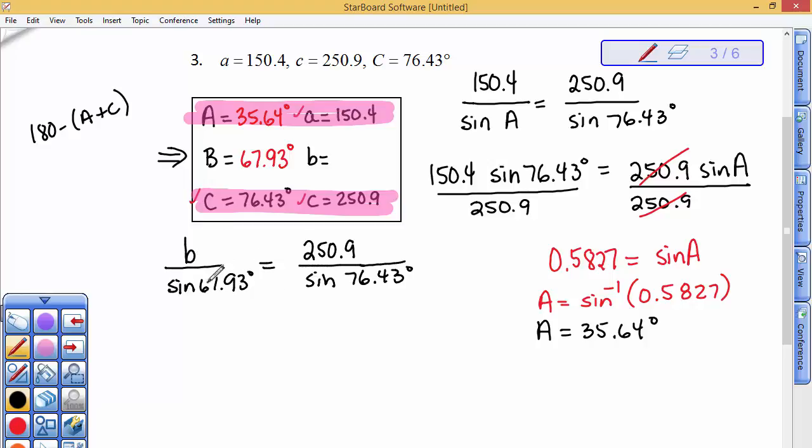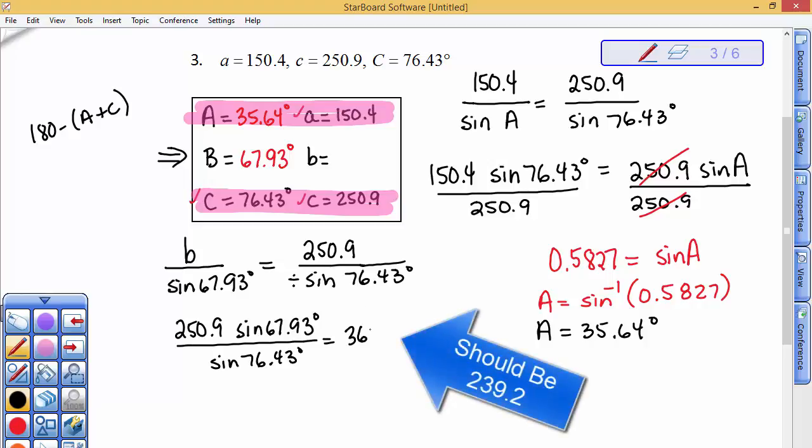To solve for B, we multiply these two together: 250.9 times the sine of 67.93 degrees. Then we divide by what's opposite the unknown, so we divide by the sine of 76.43 degrees. When we do that, we have a value for side B of 365.1.